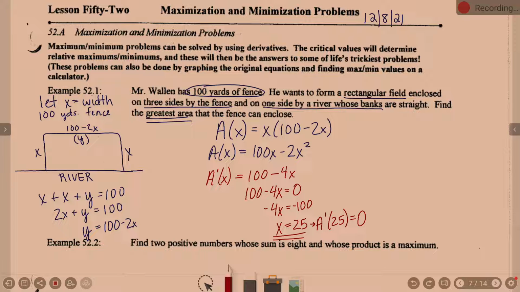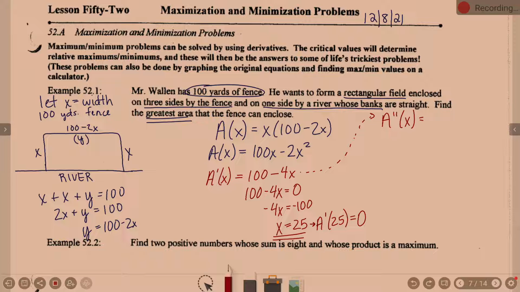To show that this is a maximum, we have to do something. We just talked about the second derivative test the other day. The first derivative at this point equals 0, so we know it's a critical point. Then the concavity of the second derivative is going to tell you if it's a max or min. So what about a second derivative?